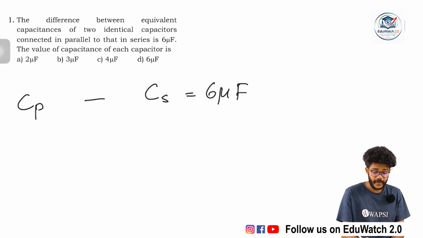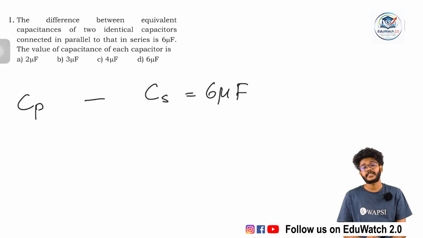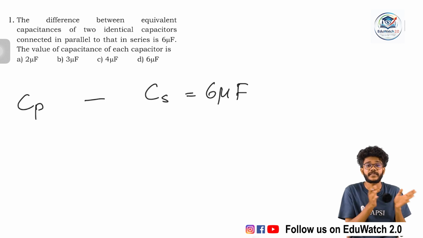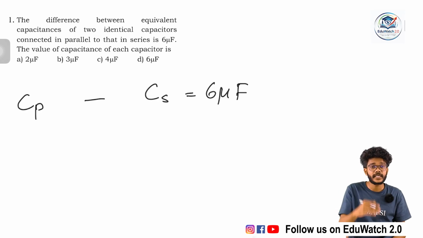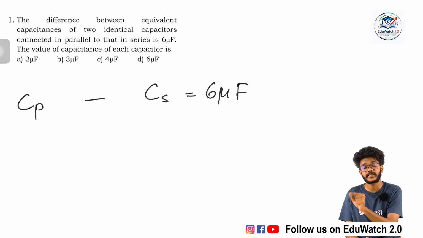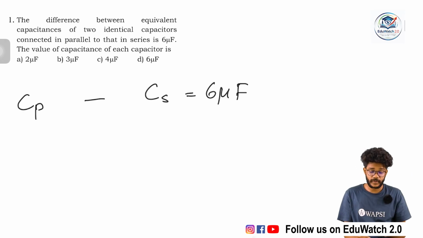So, when two capacitors are connected in series and parallel, what will happen? It has a resemblance with resistors, but it is far away from them. When resistors are connected in series, we are adding. When resistors are connected in parallel, we are taking the reciprocal. Similarities are there, but when capacitors are connected in series, we are taking the reciprocal.